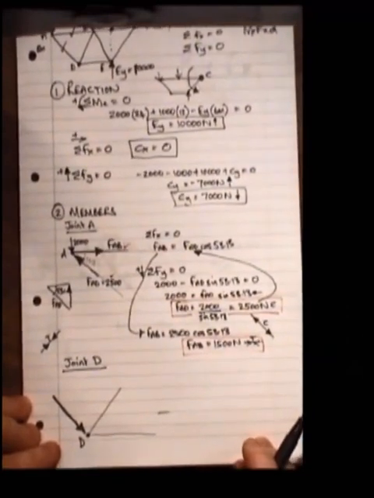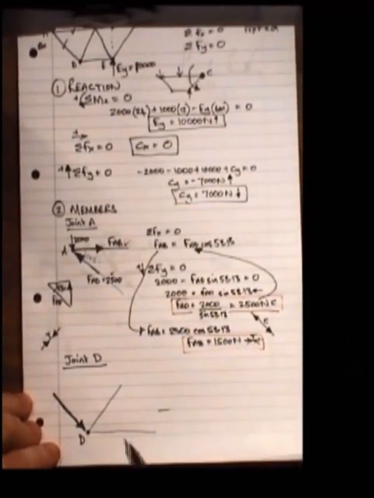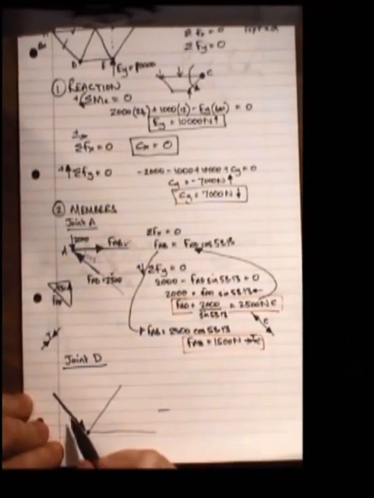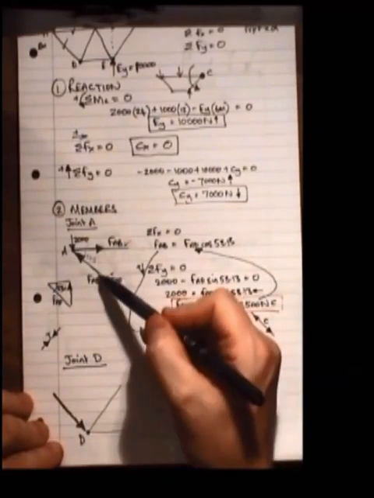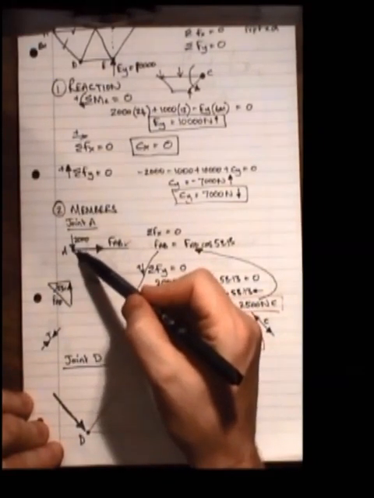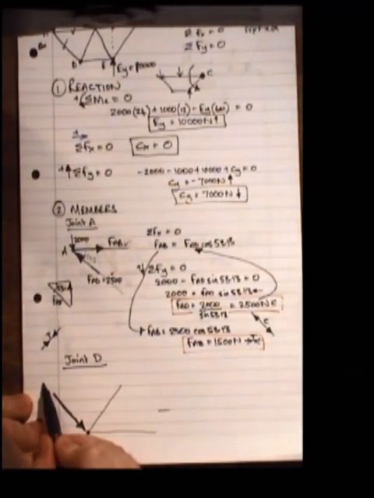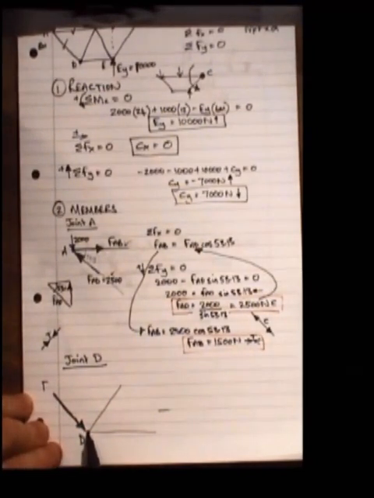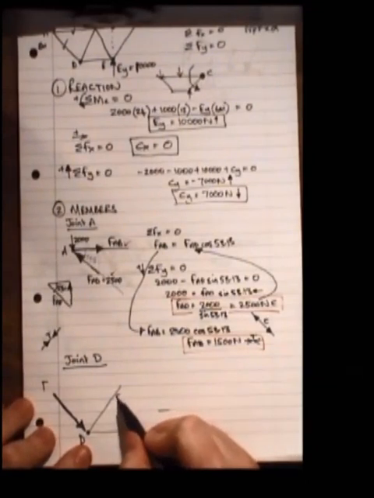Oh, just realised that we're missing a bit here. So again, we've got FAD, I know that was pointing outwards towards A, so it's pointing outwards towards D. We've got my FDB.